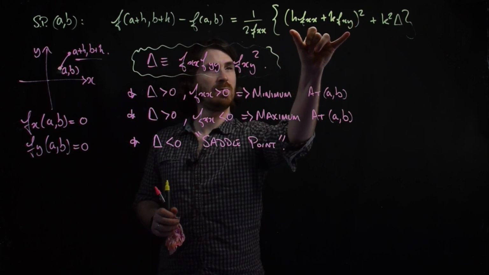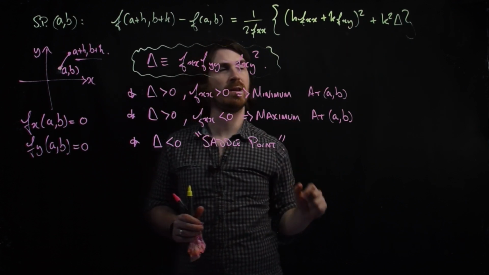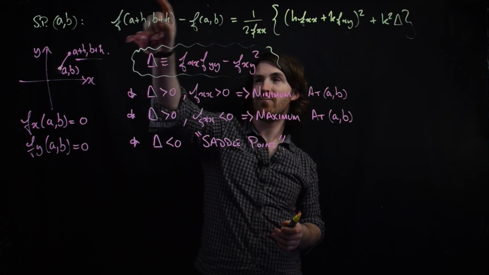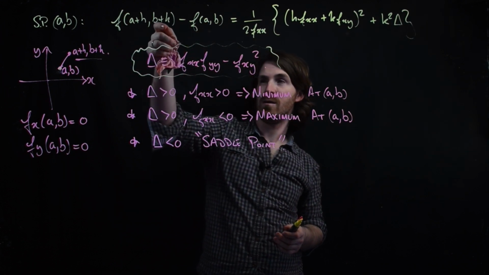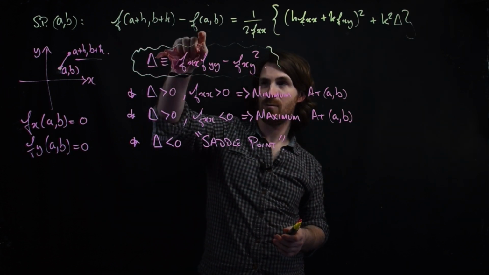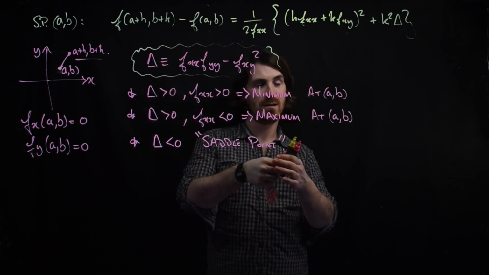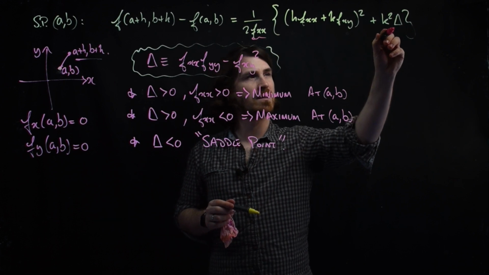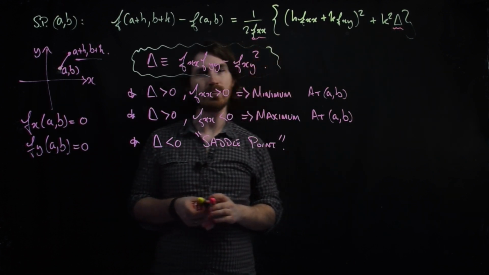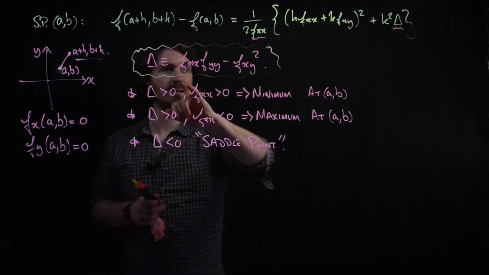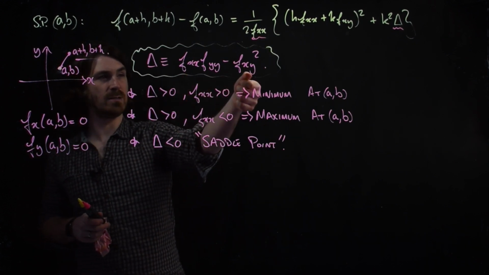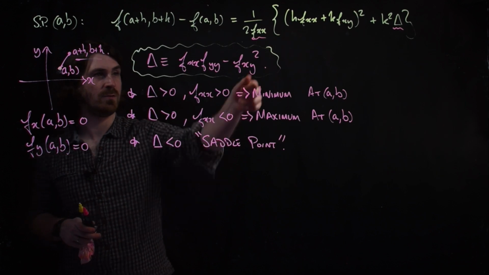So this term in the round bracket squared is always greater than 0. So the sign of the difference of the function, so how the function changes, whether it increases or decreases, depends solely on the sign of fxx and the sign of delta. This delta is given by this product of second order derivatives minus this mixed second order derivative squared.